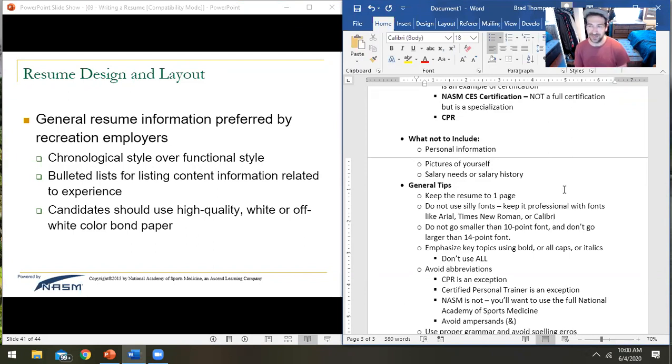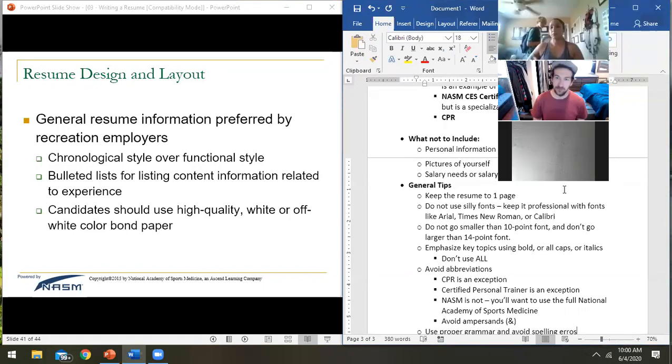I had a resume come across my desk that more than one time used the word you as literally the letter U, as if it was a text message.